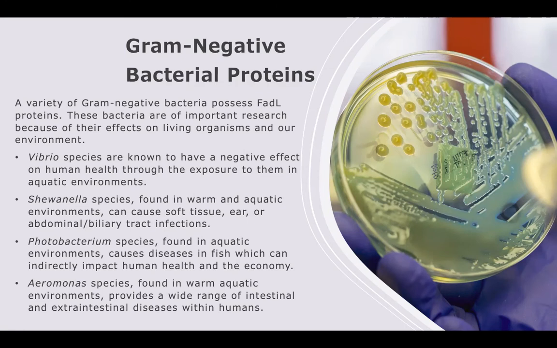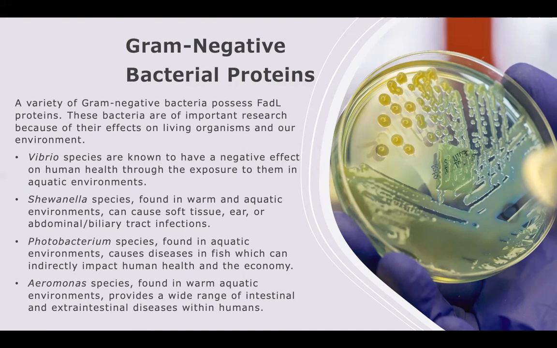Then you have your Shigella species, which are found in warm and aquatic environments, and they can cause soft tissue, ear, or abdominal tract infections. Then we have our Photobacterium species, also found in aquatic environments, which cause diseases in fish, which can indirectly impact human health and the economy.